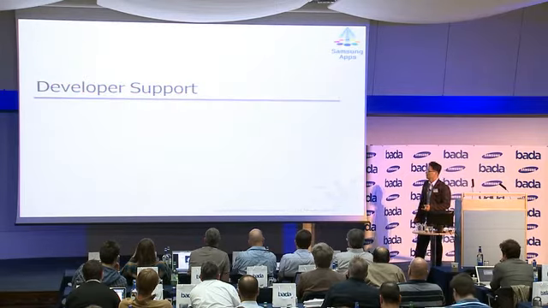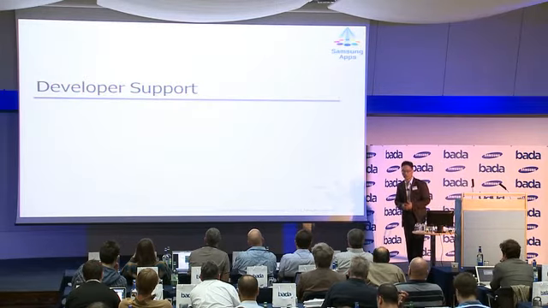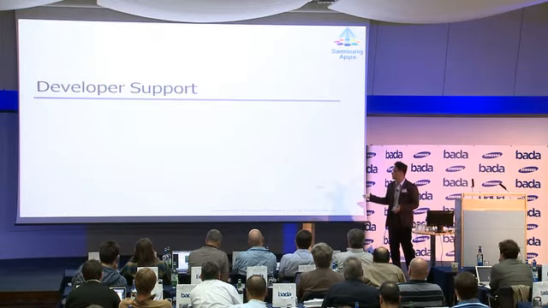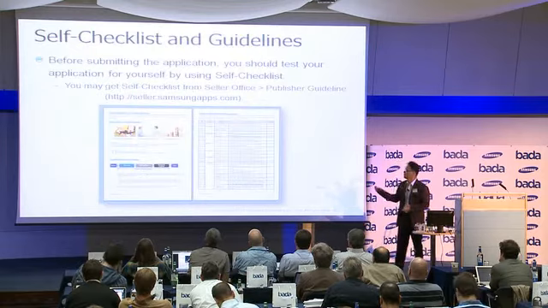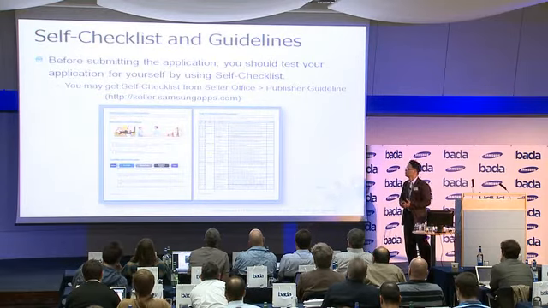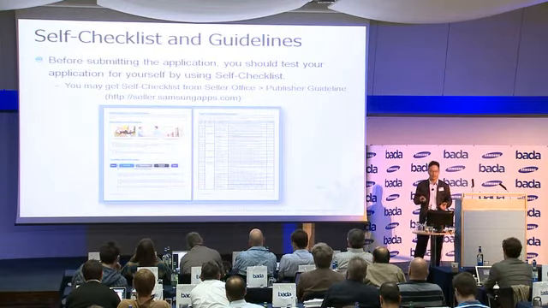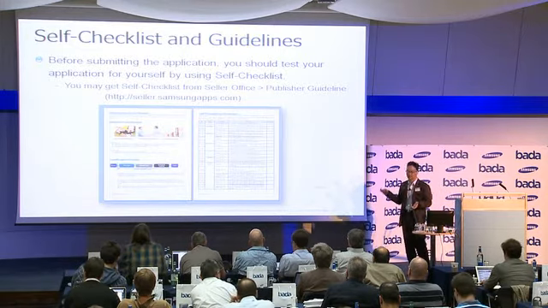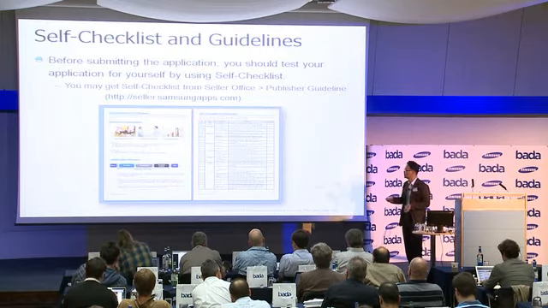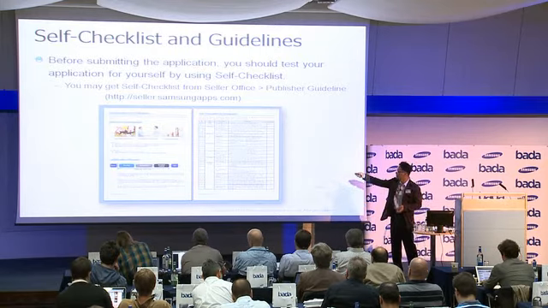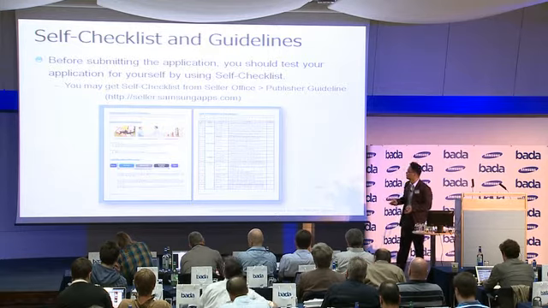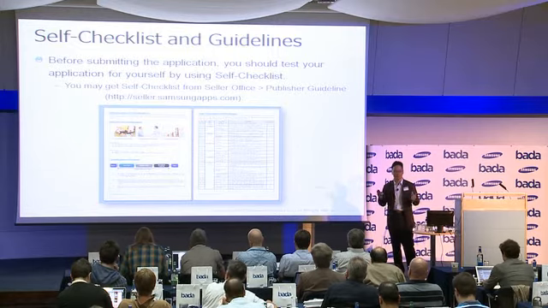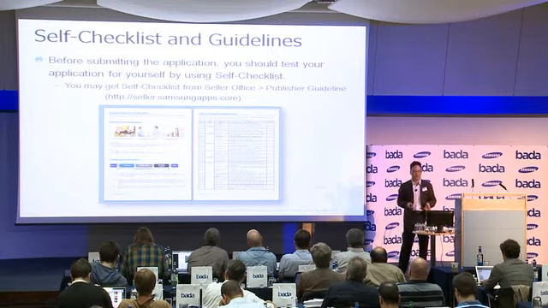Let's see what kind of developer support we have to increase the pass rate. First, we provide a self-checklist. You can download this self-checklist in the seller office. It is embedded in the publisher guideline. The seller office address is seller.samsungapps.com. In the self-checklist, must-check items are defined.